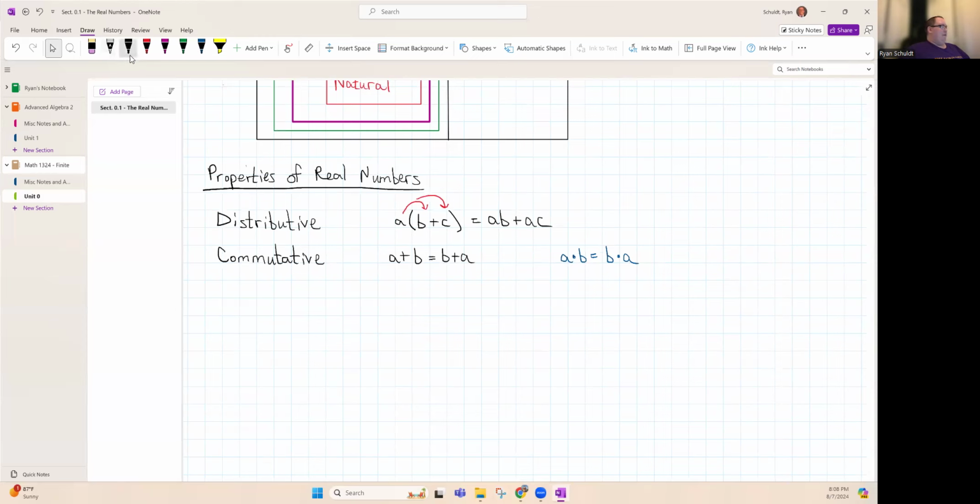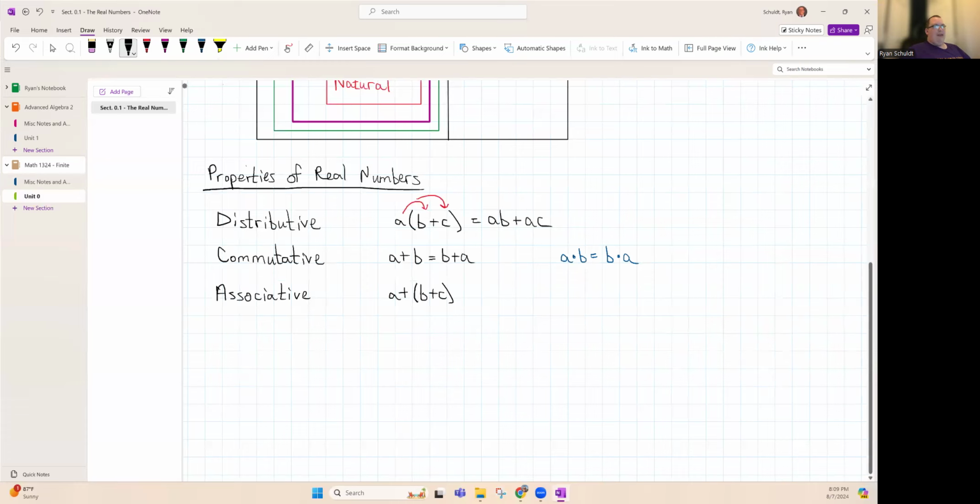Then we have associative. Think of associative as like who you associate with. We have A plus, and then B and C go out together, and they're in parentheses.